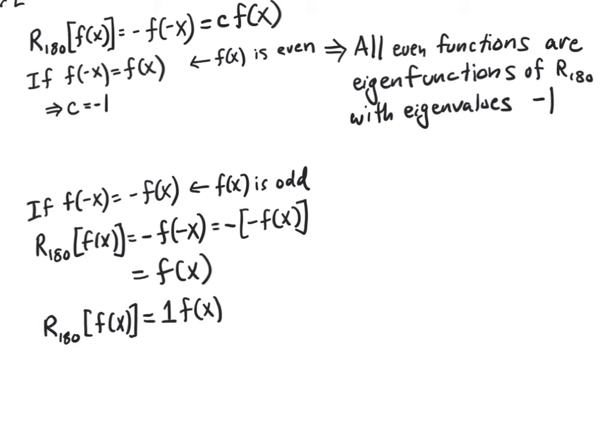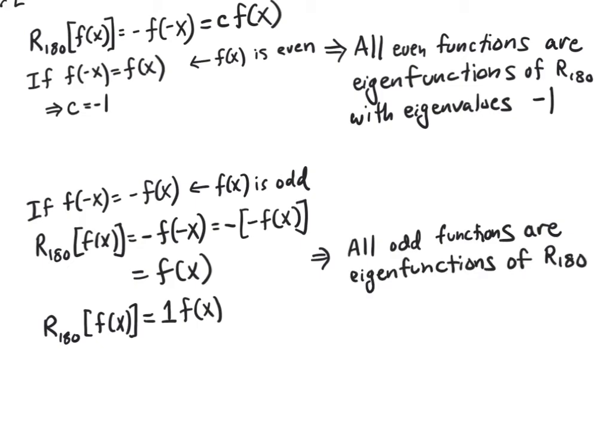Since any odd function satisfies our eigenvalue equation, that means that all odd functions are eigenfunctions of our rotation by 180 degree operator with eigenvalues of plus 1. What this means is that even functions and odd functions are left relatively intact by this rotation by 180 degrees.